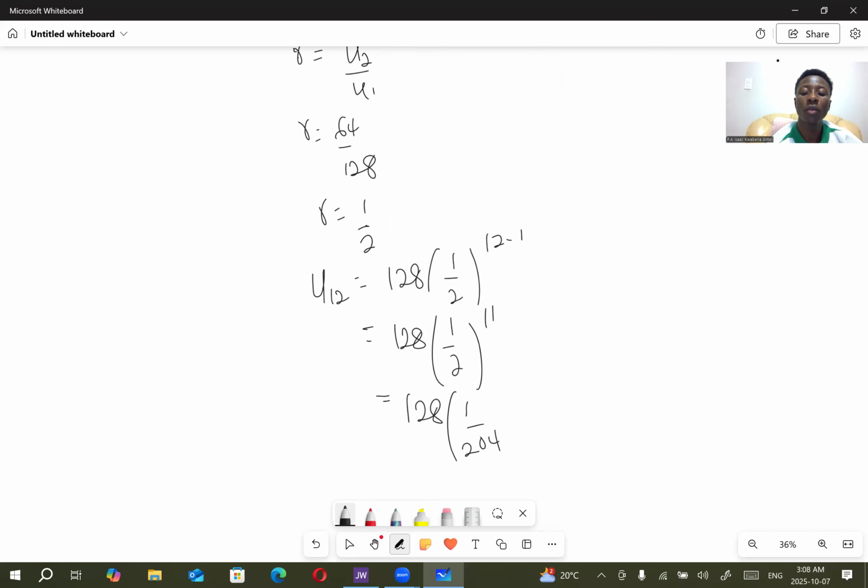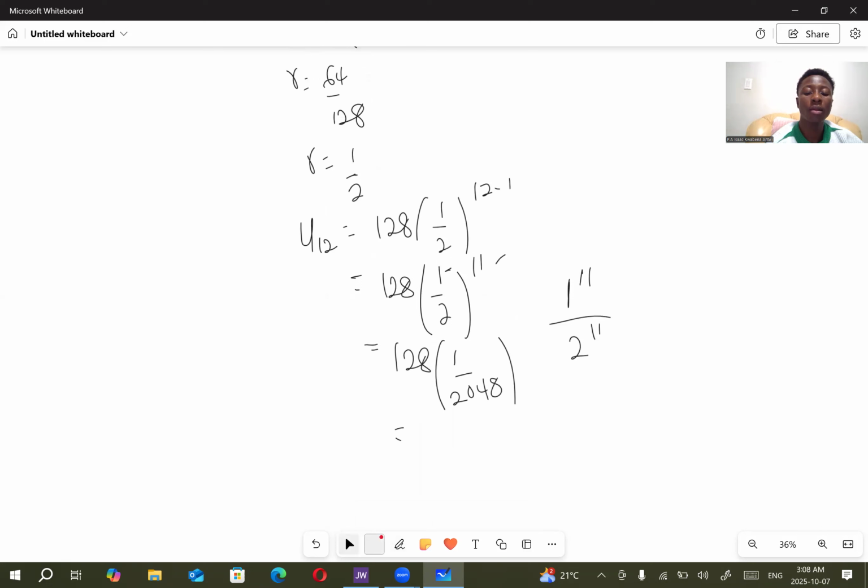If you're wondering how she had that, the power affects the numerator and the denominator, so it's going to be 1 exponent 11 all over 2 exponent 11. So 128 times 1 over 2048. That's 1 over 16, right?